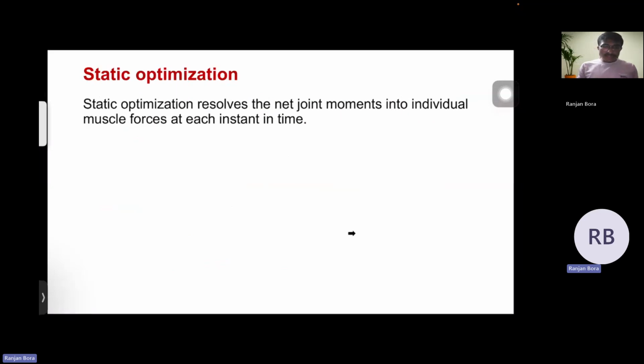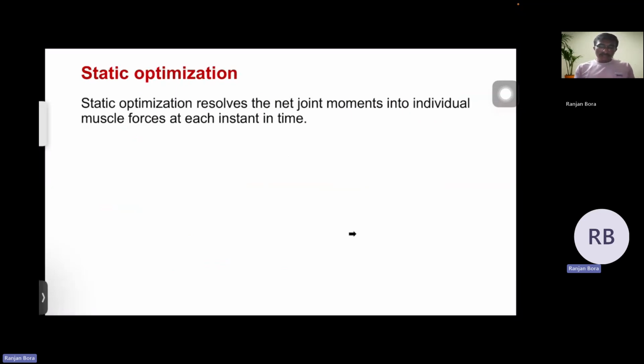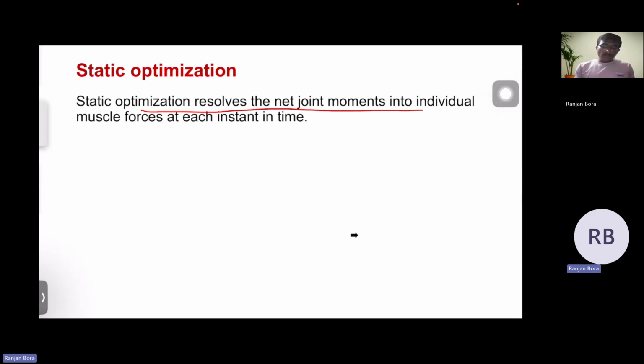Next is the static optimization, using which we can estimate the muscle forces for the musculoskeletal model at an instant of time. So static optimization resolves the net joint moments into individual muscle forces at an instant in time.